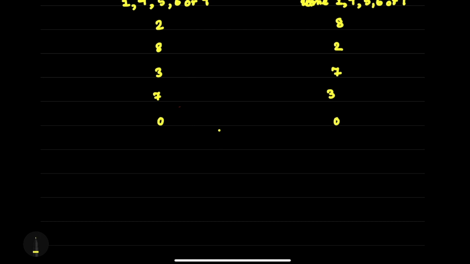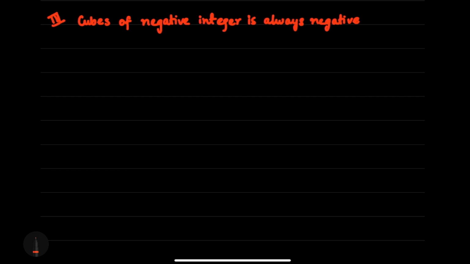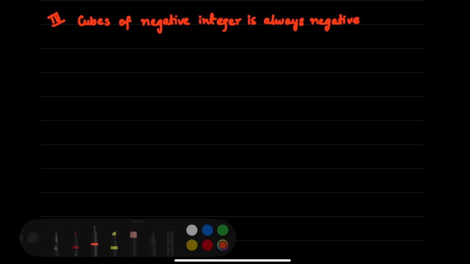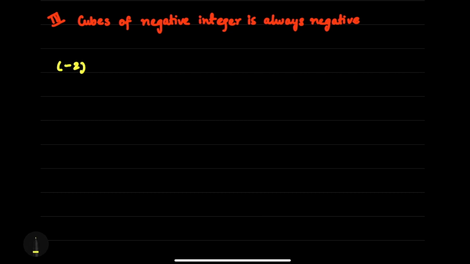So that's that. Let's move on to our third property, which says that the cube of a negative integer is always negative. Let's take an example of -2 and take the cube of it. We'll have -2 into -2 into -2. -2 into -2 becomes +4 as the two minuses cancel out.